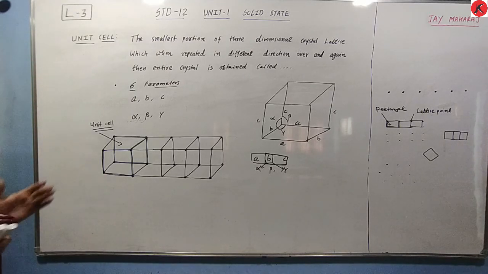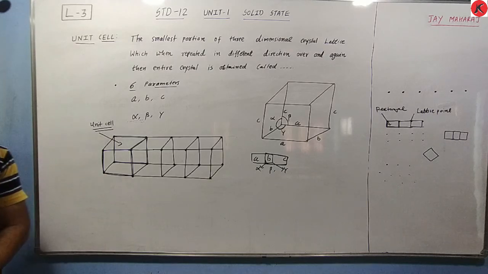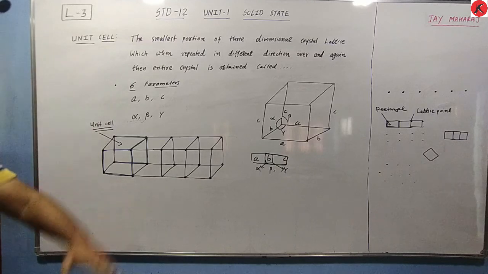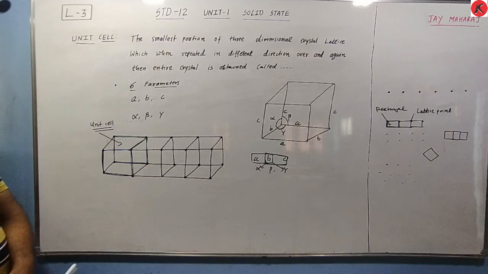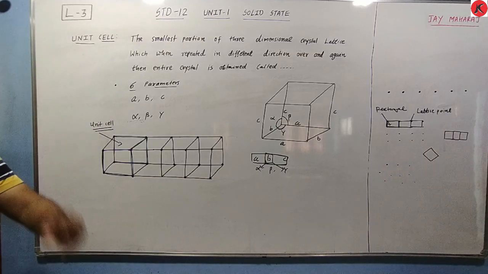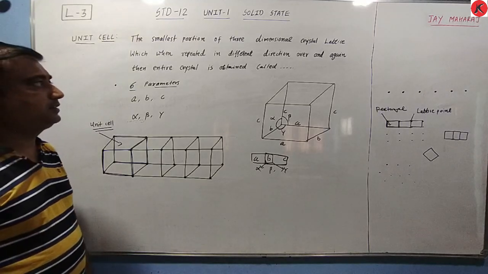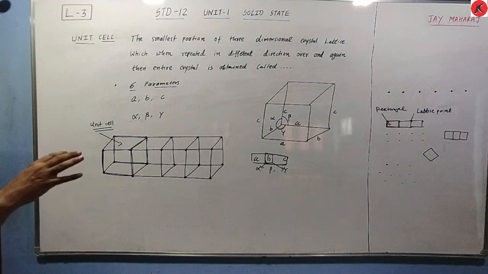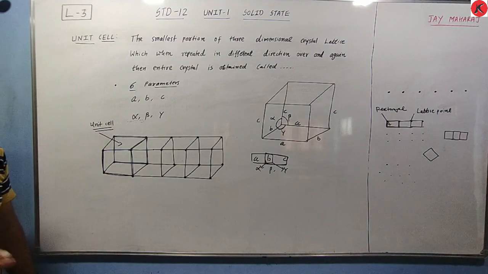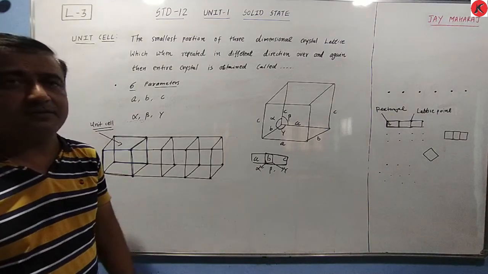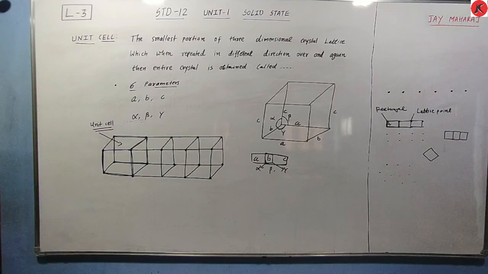So I hope the definition of unit cell is clear. Again, I am repeating: the smallest portion of a 3-dimensional crystal lattice, which when repeated in different directions over and over, gives the entire crystal. That means if we study the unit cell, it is similar to studying the entire crystal lattice.